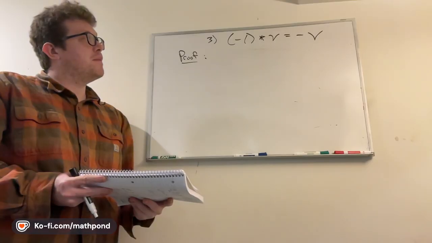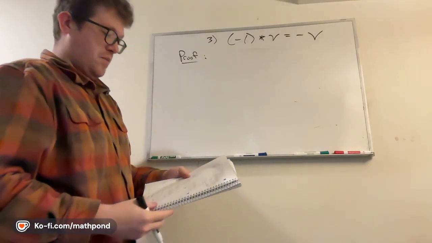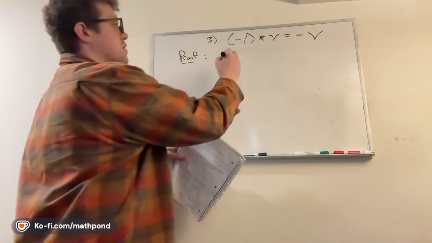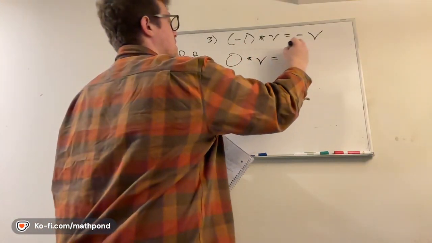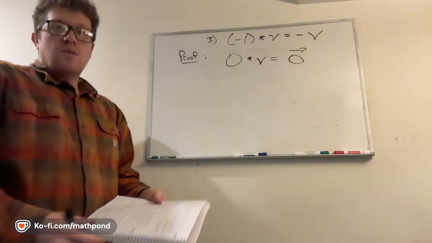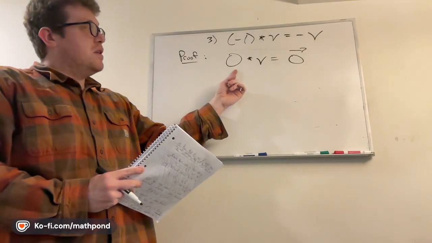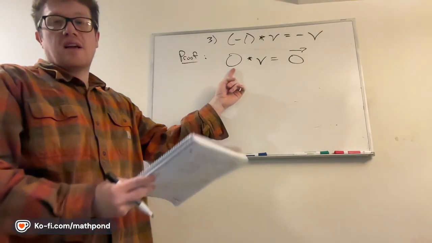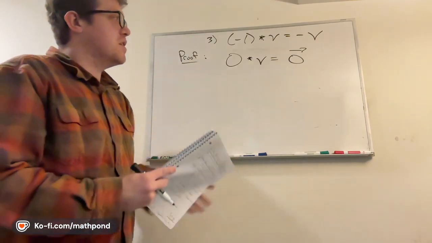Right. So what we start out with is we know from part 1 that 0 times v is the 0 vector. And then what we can do is rewrite 0 as 1 plus -1. So 1 plus its additive inverse should be 0.